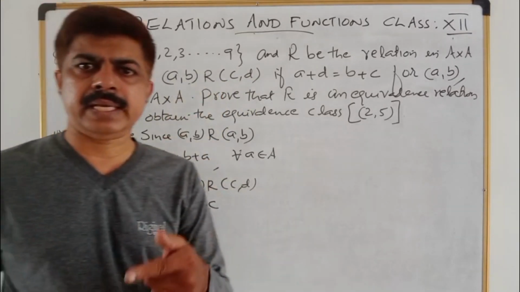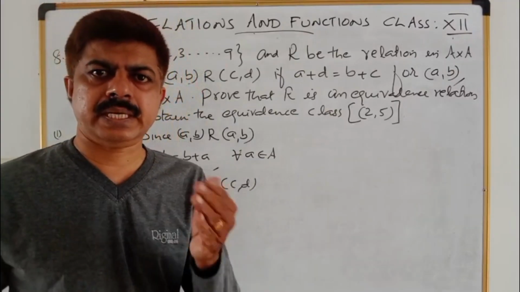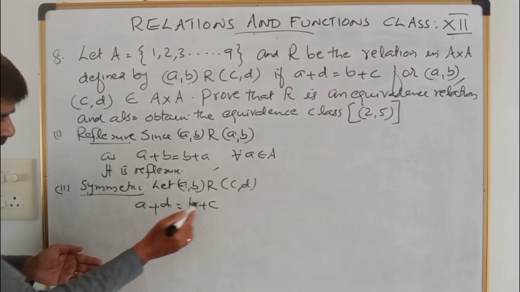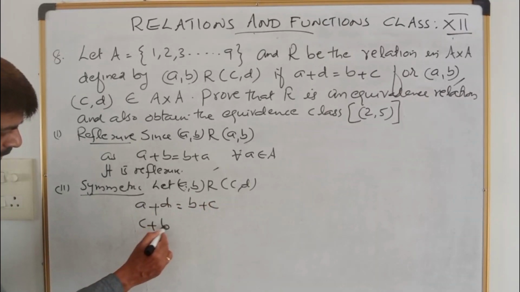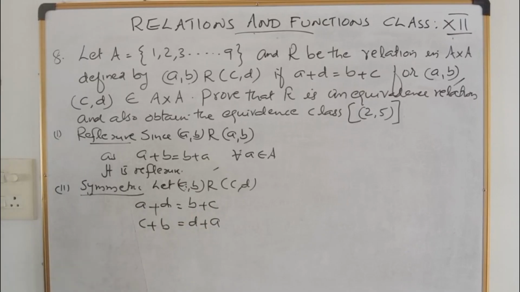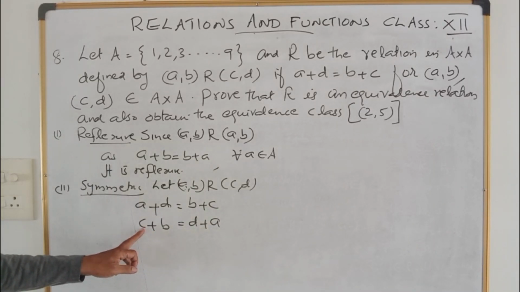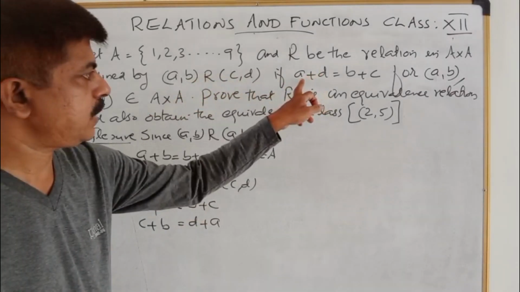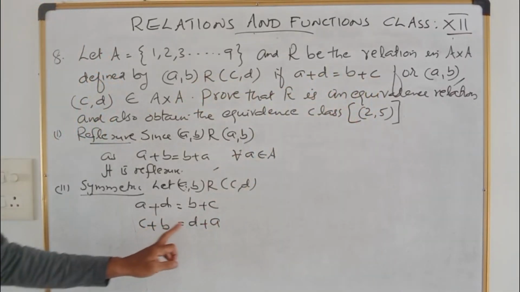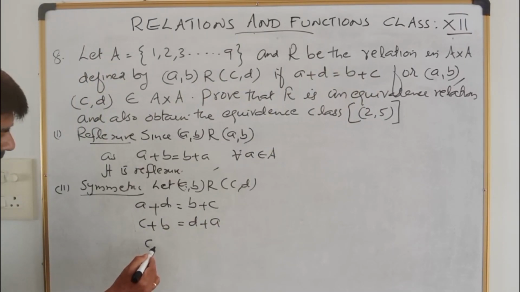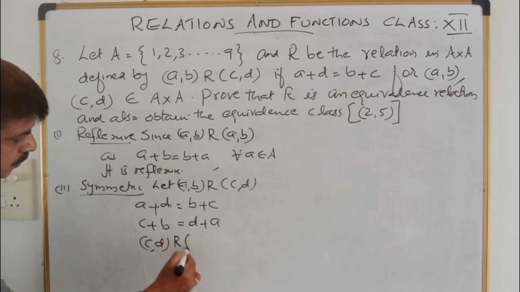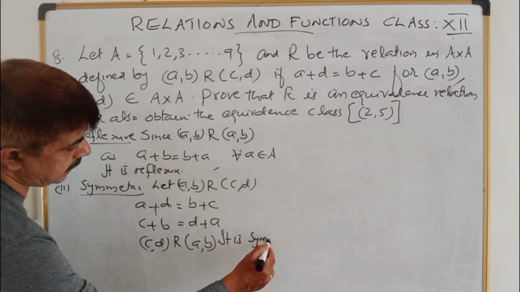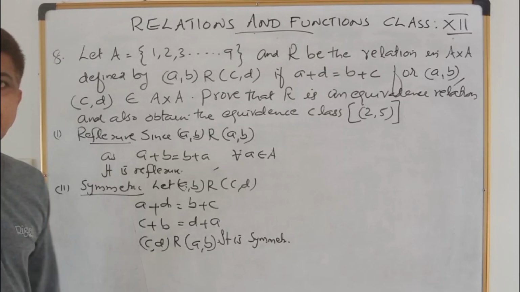Taking this side by changing the order, c plus b is equal to d plus a. So we are getting (c, d) related to (a, b). That is, it is symmetric. Okay, it is symmetric.